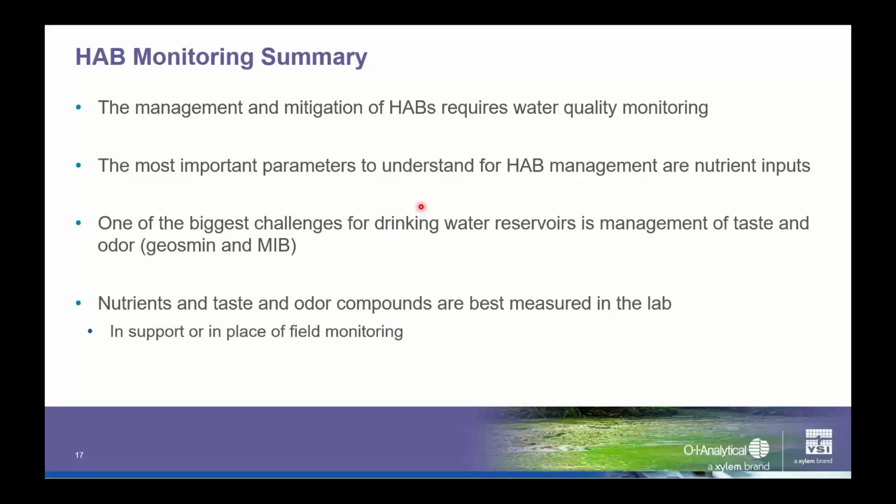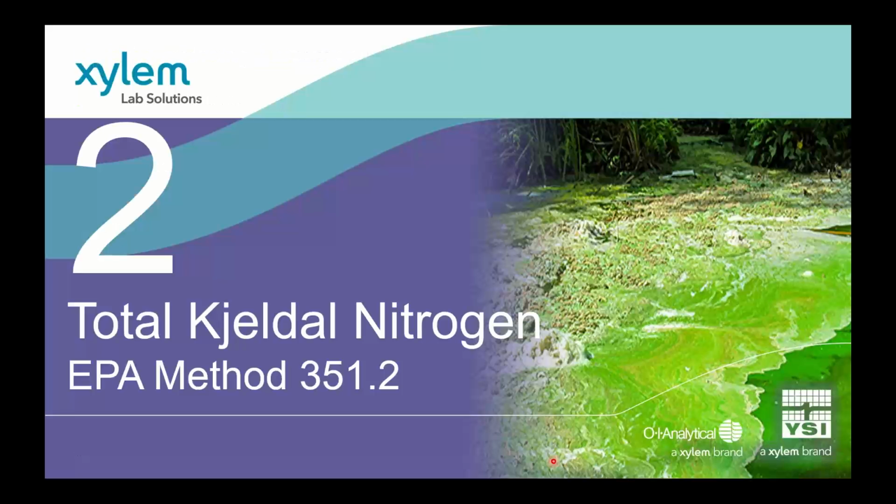But for drinking water managers, the thing that really makes the phone ring off the hook is taste and odor issues, geosmin and MIB. And so nutrients and taste and odor compounds both are best measured in the lab, and that's what we want to talk about today to equip you for that.